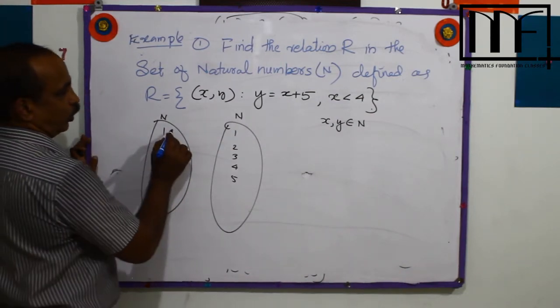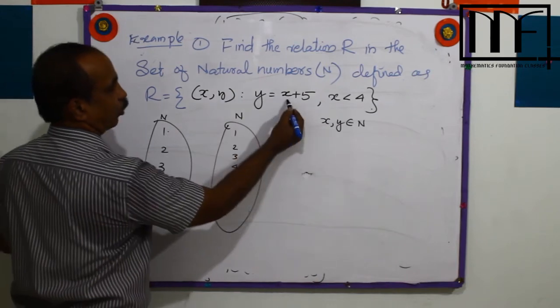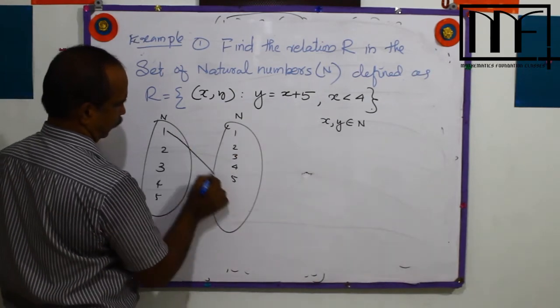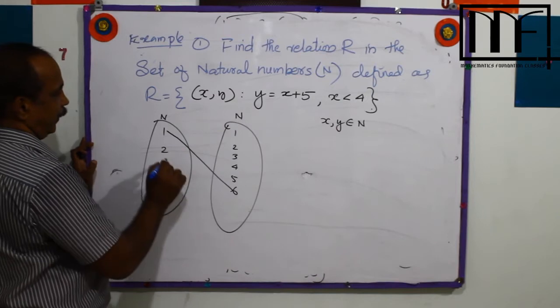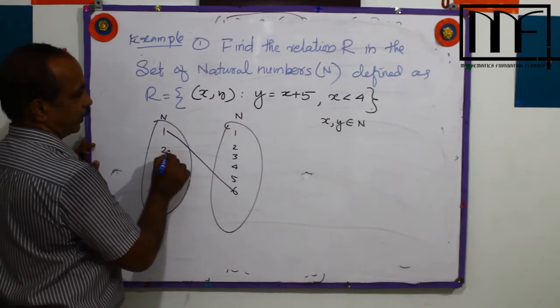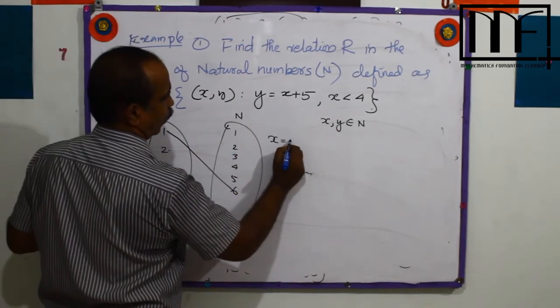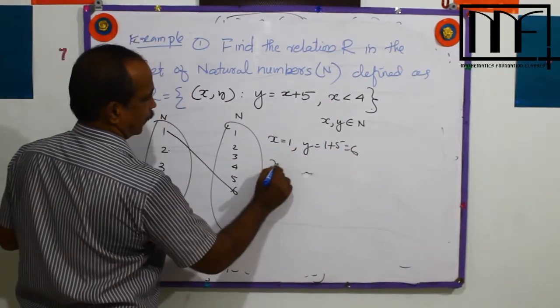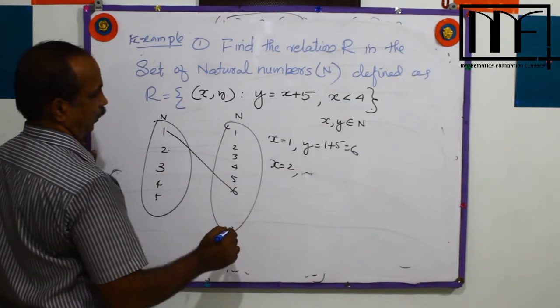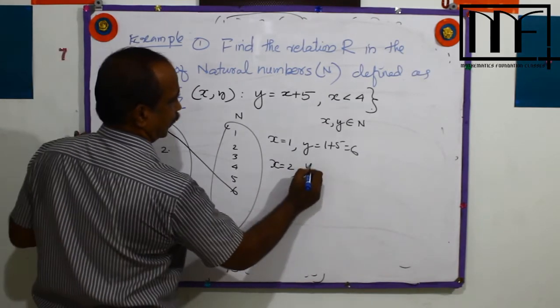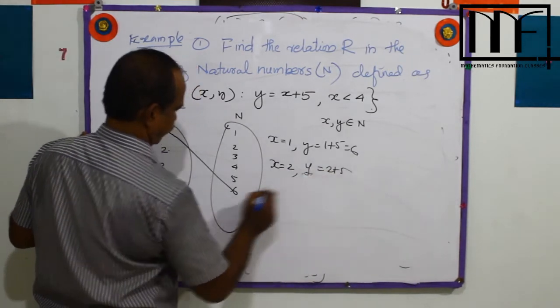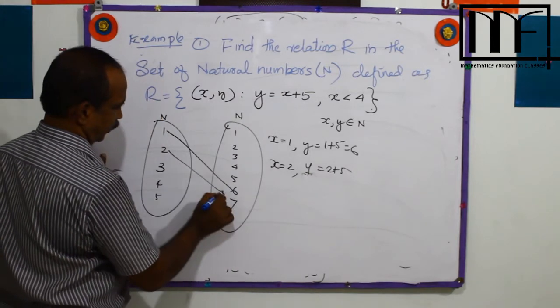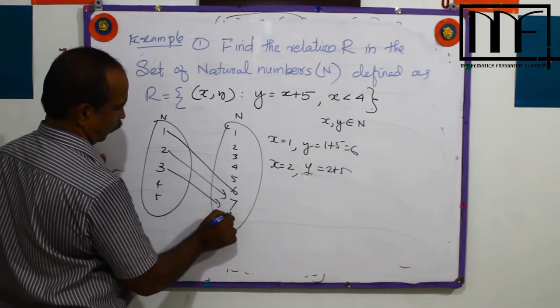When x is equal to 1, y is equal to 1 plus 5, that is 6. When x is equal to 2, y is equal to 2 plus 5, equal to 7. When x is equal to 3, we get y is equal to 8.